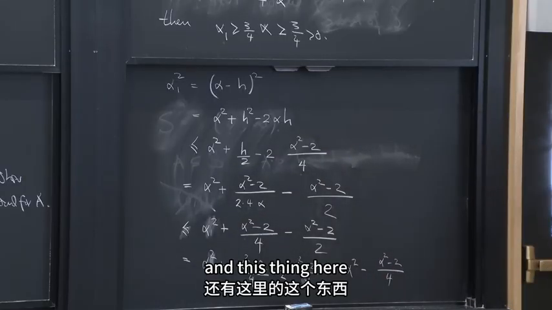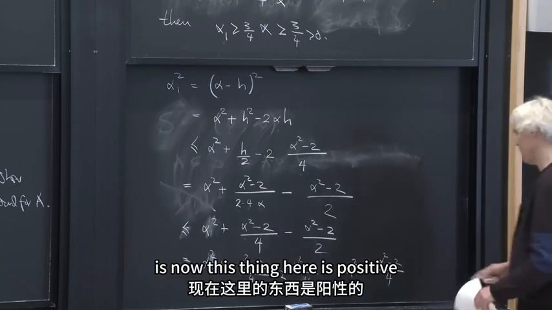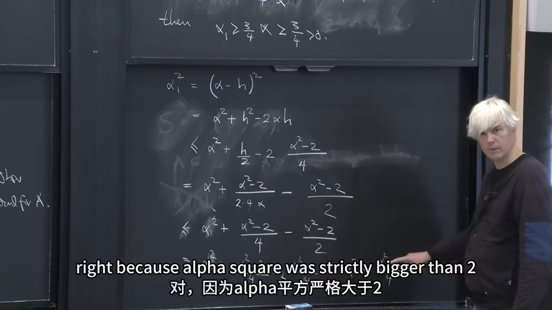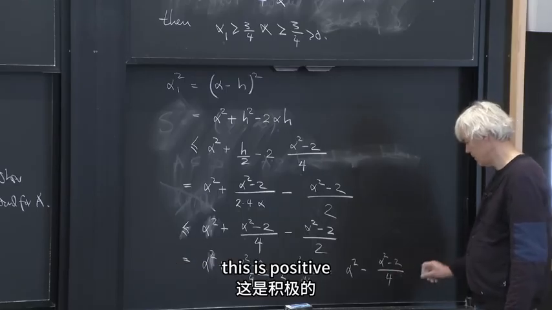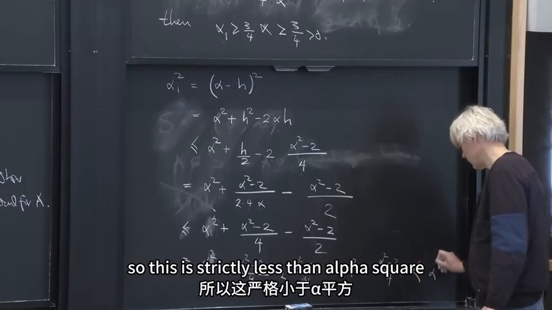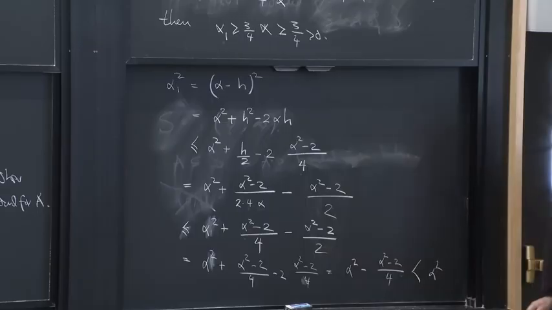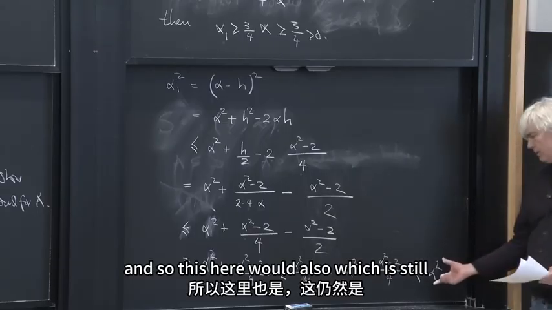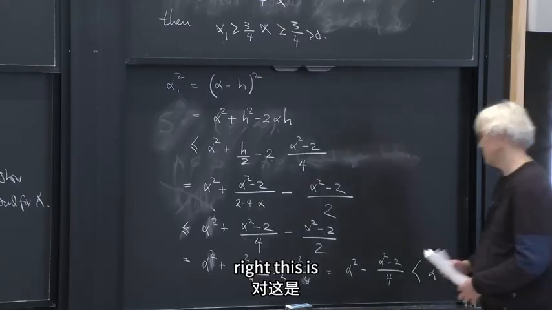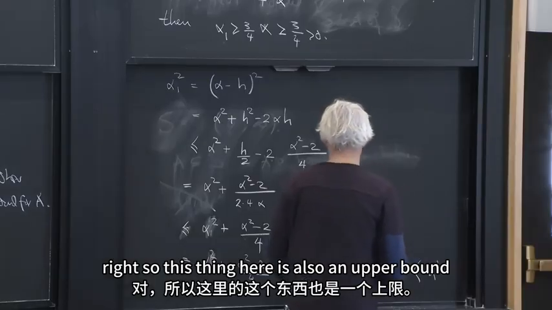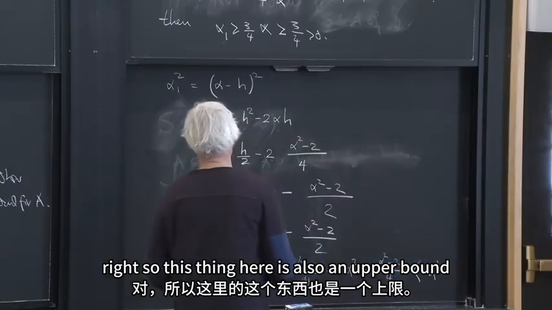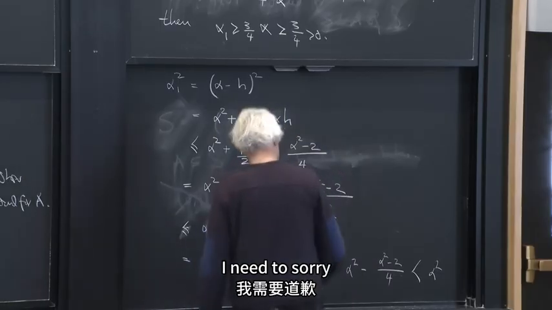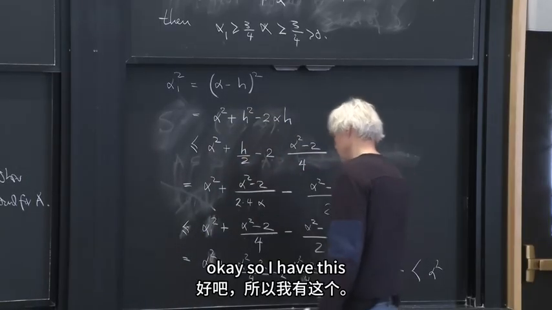And this is positive, because alpha squared was strictly bigger than 2. So this is strictly less than alpha squared, right? And so this would also be an upper bound. That's not, sorry. No, I need to, no, sorry. Okay, so I have this.